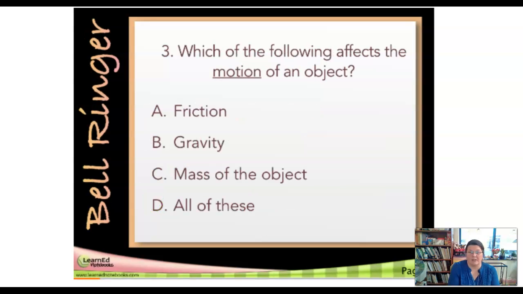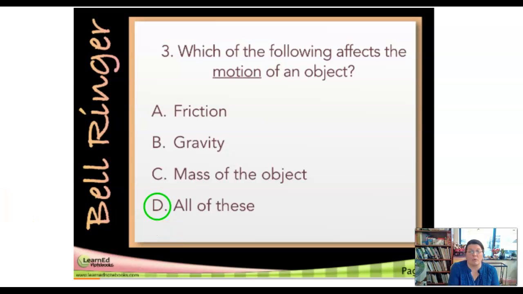Number 3, which of the following affects the motion of an object? Did you choose D? Please do not write all of these. What I prefer that you do is to write friction, gravity, and mass of the object. We must know what we're talking about when we go back to study.